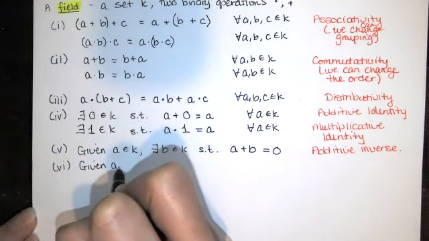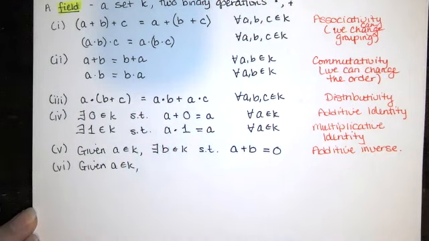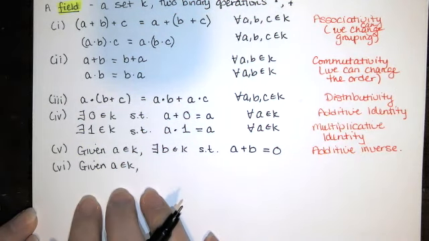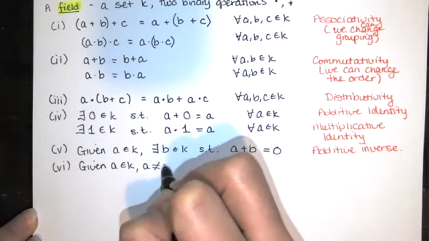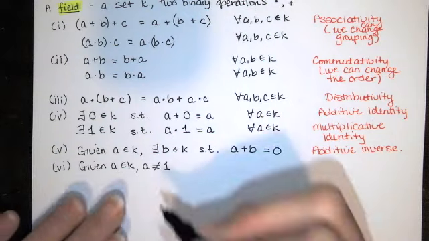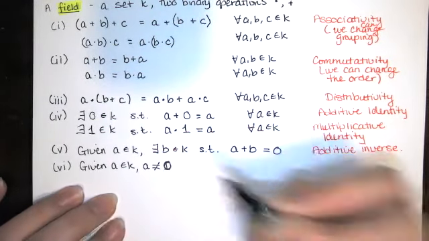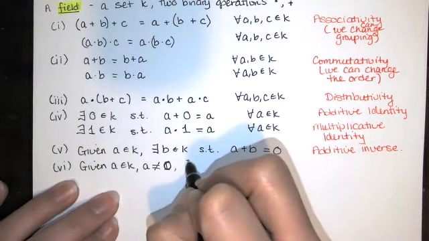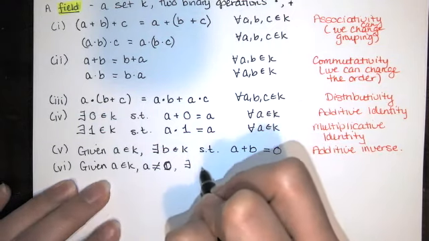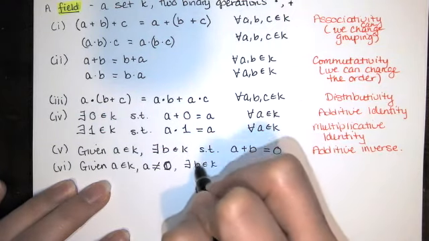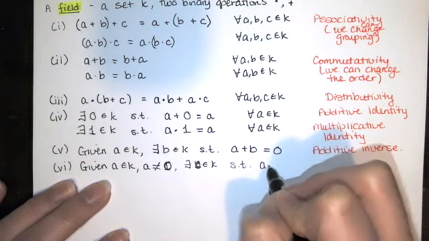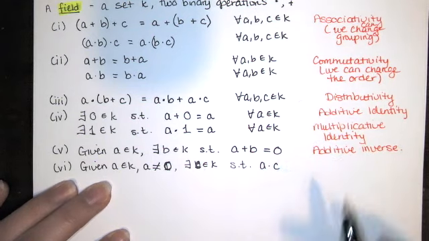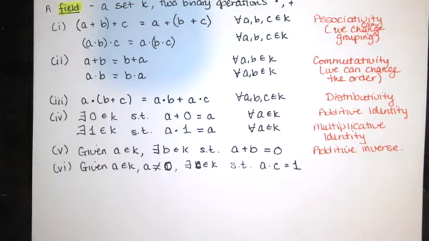And then similarly, if we have a number A in our field and that number is not equal to 0, then there is another number out there. Actually, let's use C for this one. So that if we take that number A and we multiply by C, we get the multiplicative identity, 1, back.